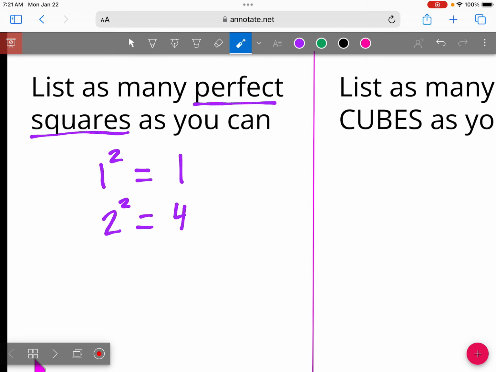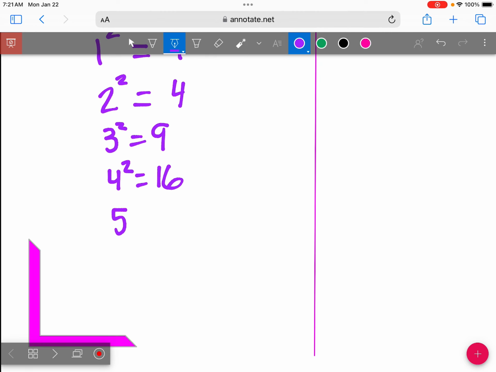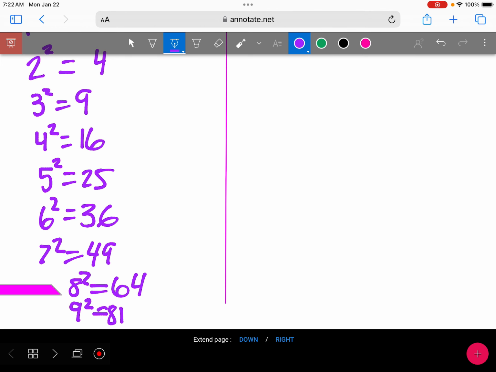So 1 and 4 are both perfect squares. 3 squared, 9. 4 squared, 16. 5 squared, 25. 6 squared, 36. 7 squared, 49. 8 squared, 64. 9 squared, 81. 10 squared, 100. There we go. I'm sorry, I'm writing different numbers than I'm saying. So 10 squared is 100.